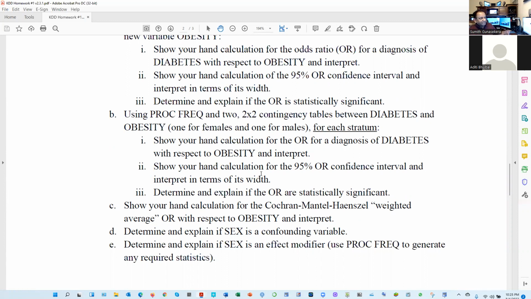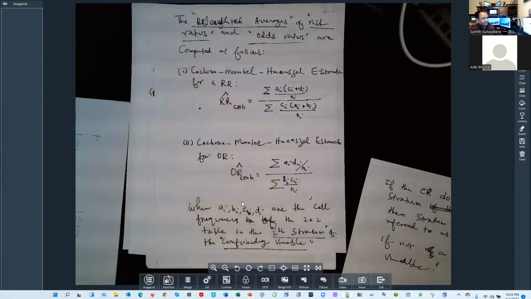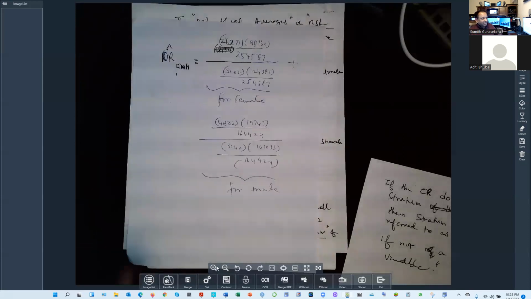For each one separately, you can do that one too. Separately, okay, not together. This is being put together here. Part C is the one that I was showing over here. Cochran-Mantel-Haenszel is part C. Now part 2 is this one.